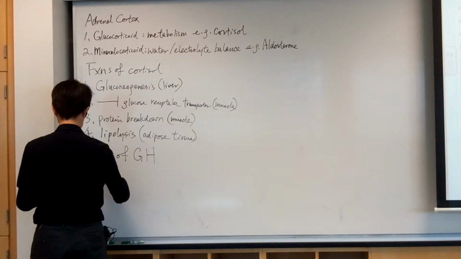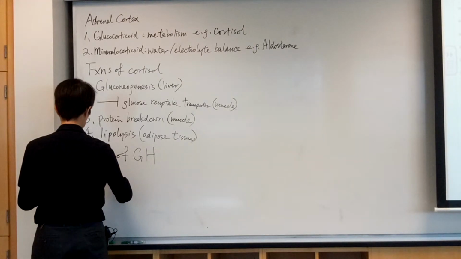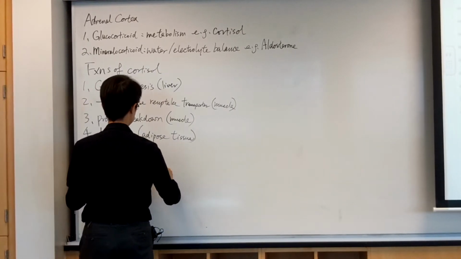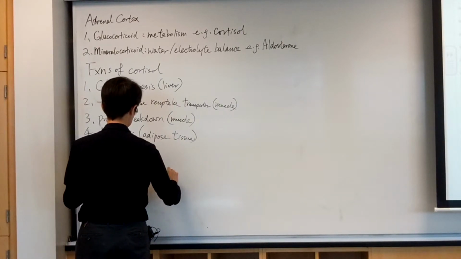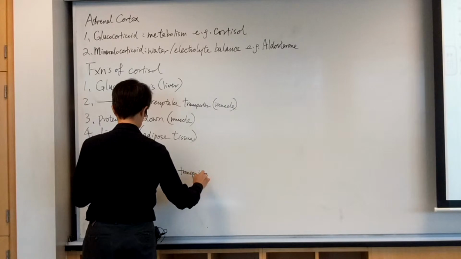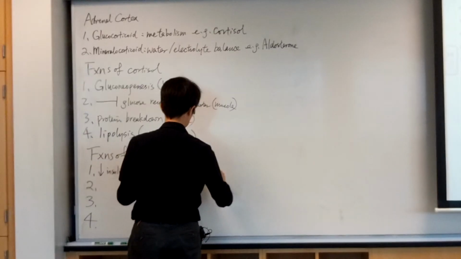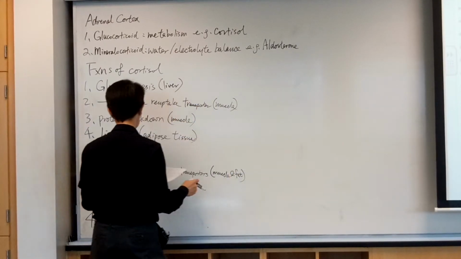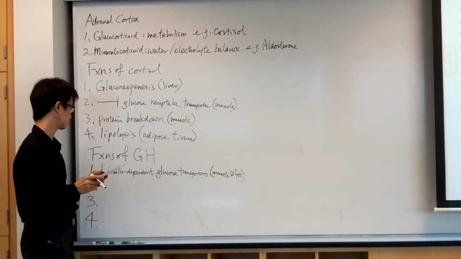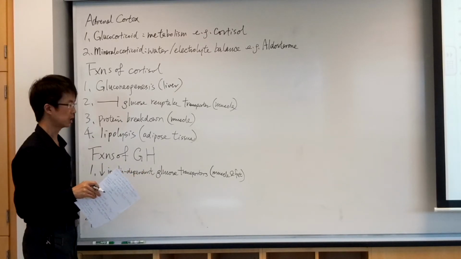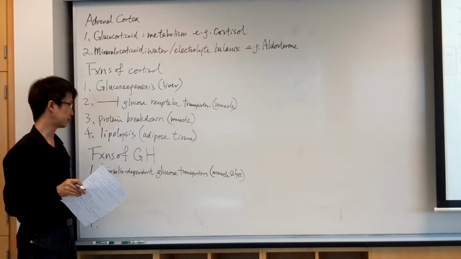It decreases the insulin-dependent glucose transporter, located in muscle and fat. So what it means is that in muscle and fat, we have special types of transporter.